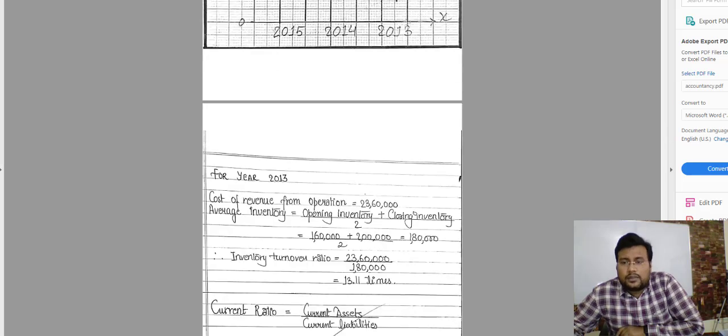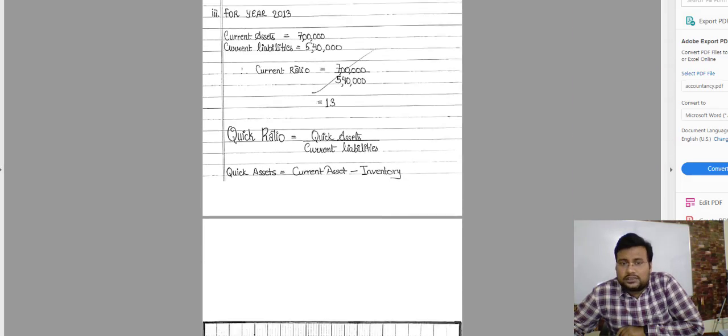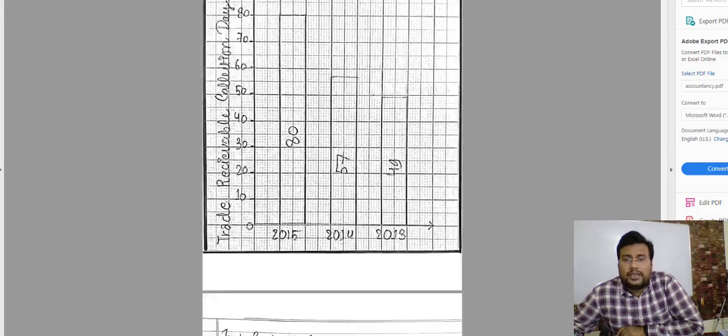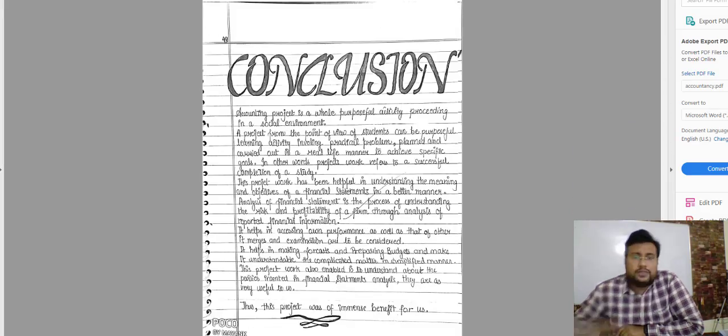And after ratio analysis, you have to finalize with the conclusion: whether the company is increasing or decreasing, what the financial status of the company is, whether cash is increasing or decreasing, whether the company is in a good position, or whether it has to focus on a particular area. All that you can give as the conclusion and your project will be over.